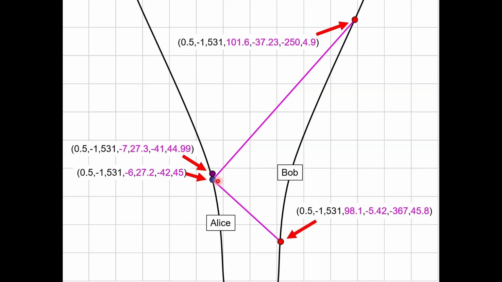Now let's continue. And this point on Alice has its charge values, which means it creates a field along this information track. So if we look at this point on Bob, the field numbers in its ordered list of numbers are affected by this point on Alice, which is affected by this point on Bob.